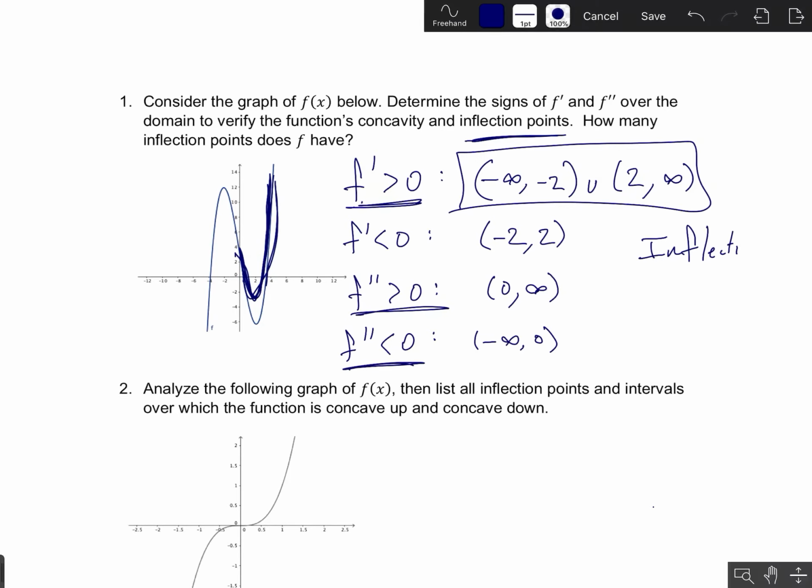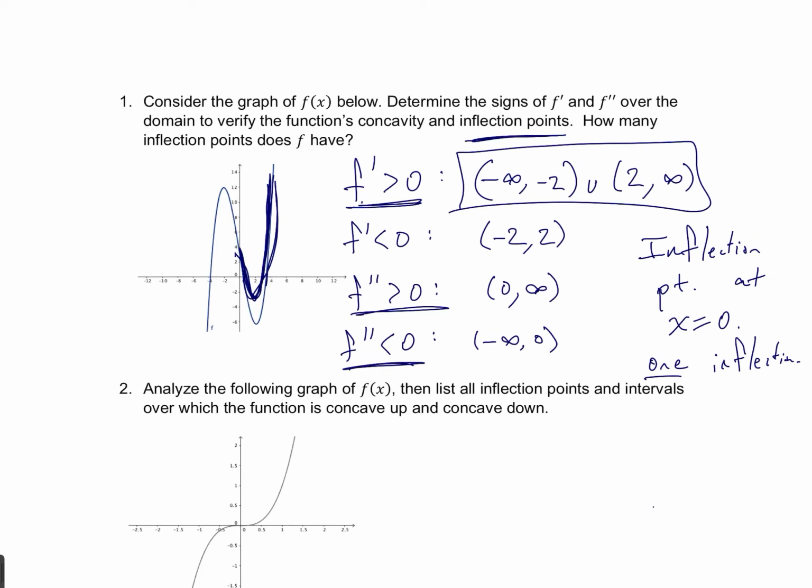So there is an inflection point. The inflection point is at x equals 0, and there's only one inflection point. So we'll do a few more examples of that in the next video.